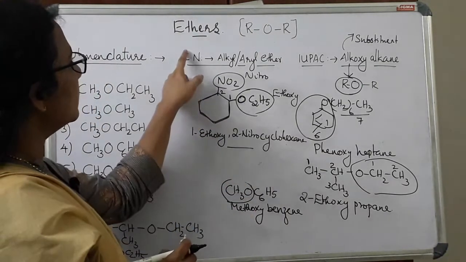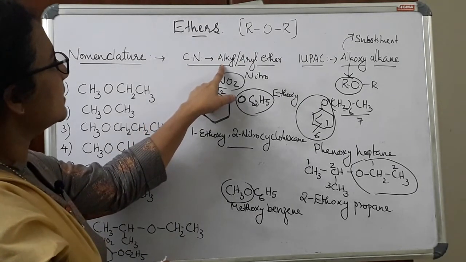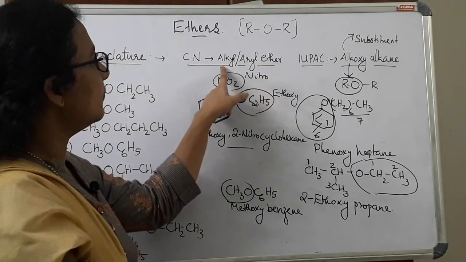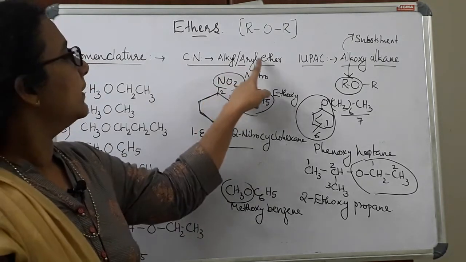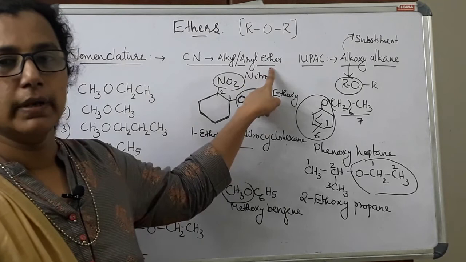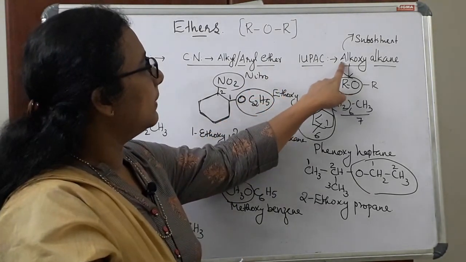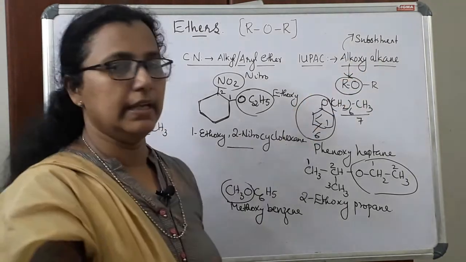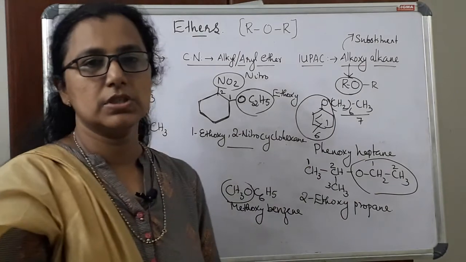So in the case of ethers, we can write the common name in this format, that is alkyl ether. First we find the alkyl group and write the name of the alkyl group, then add ether. That is the format for the common name. For IUPAC naming, we write in this format, alkoxy alkane, and the alkoxy part is considered as a substituent.